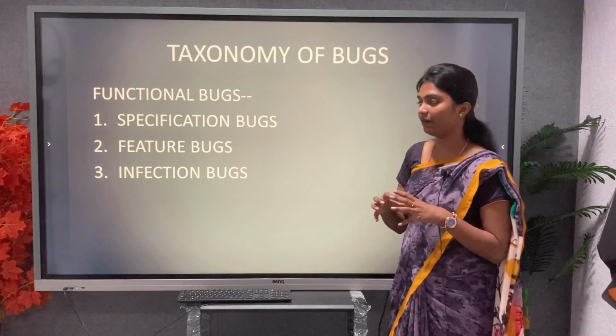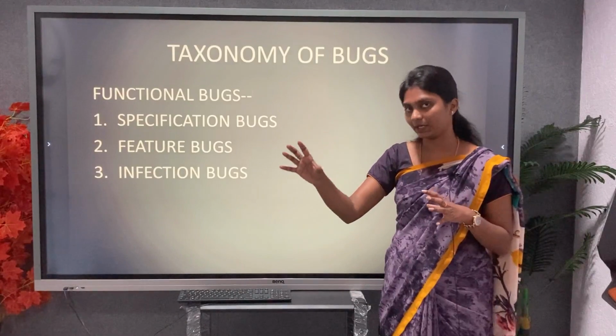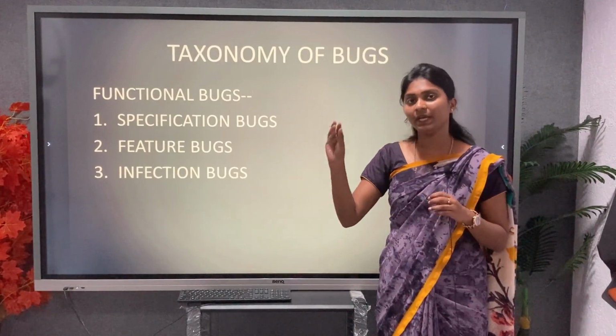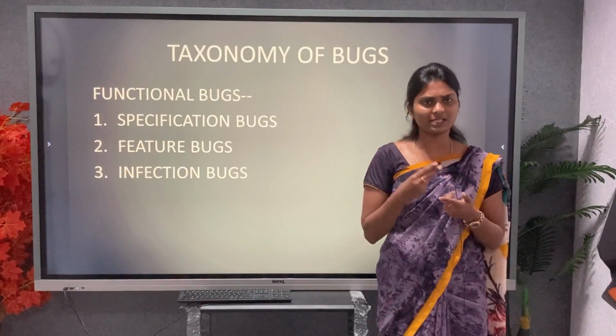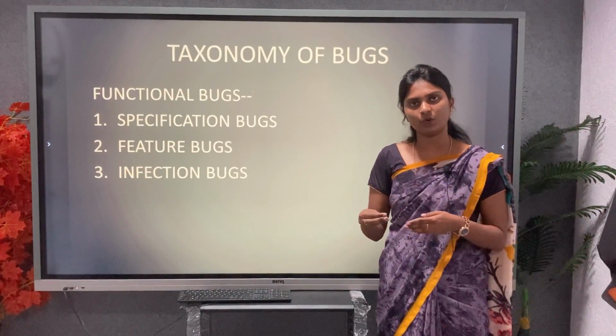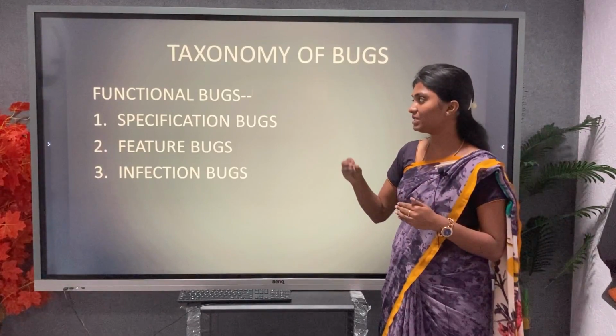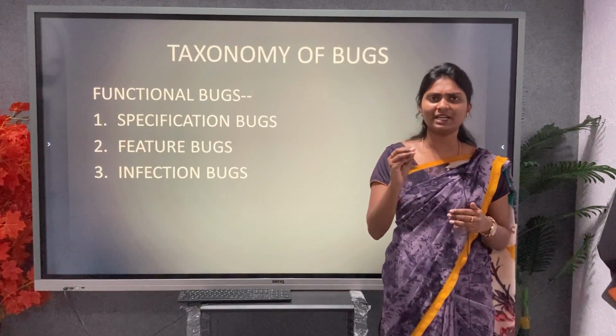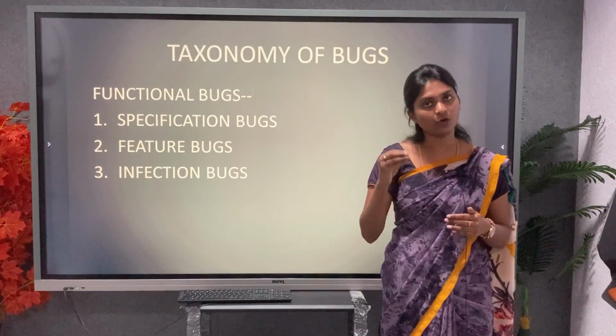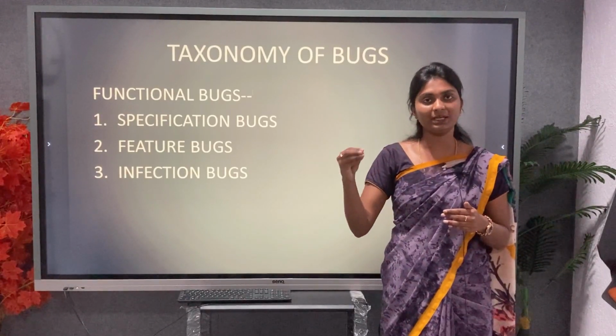With this data, we develop the particular project or product. In this project, we define some requirements, hardware requirements or software requirements. In those requirements, we specify some bugs. Bugs are nothing but a fault, a failure, or a defect.